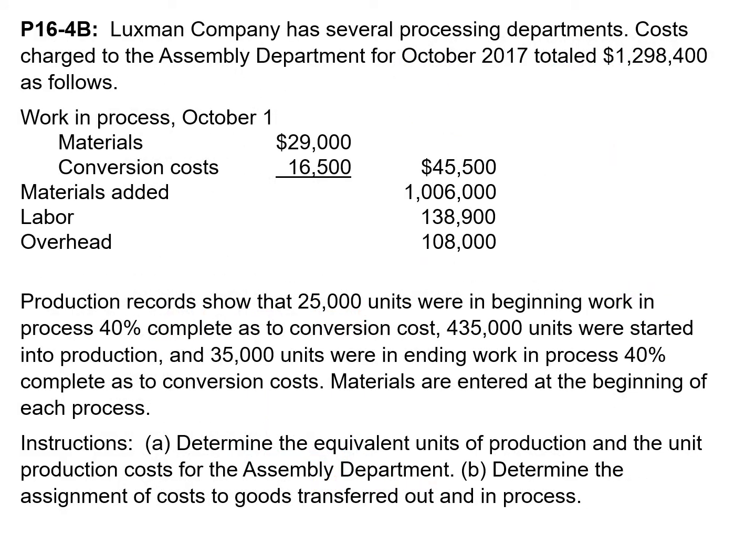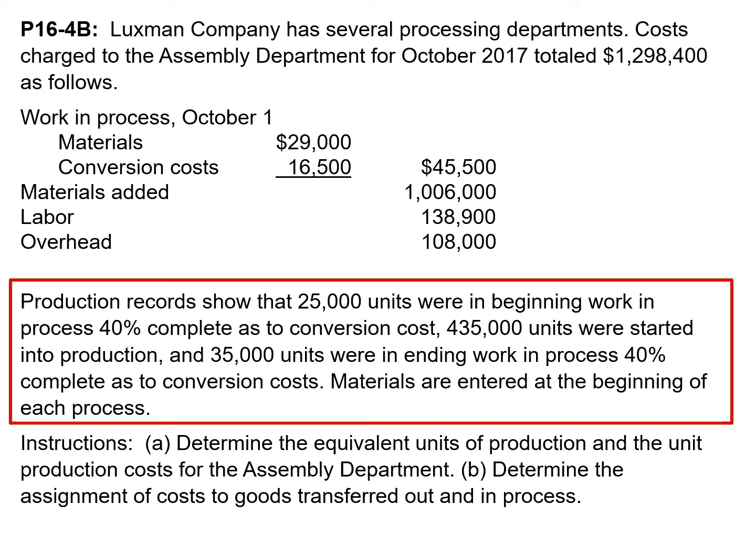All right, this is a great problem where you're determining equivalent units, unit production cost, and also determining the amount that we're going to assign to the cost of goods transferred out, as well as our work in process. Whenever you start looking at a problem like this, whether it's for the exam or on your homework, I want you to first separate the cost from the physical units.